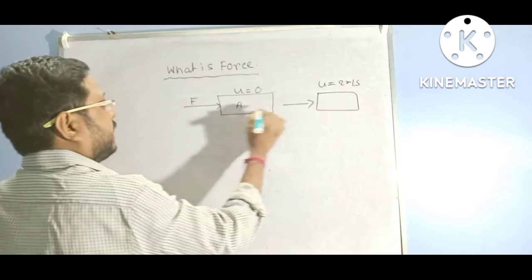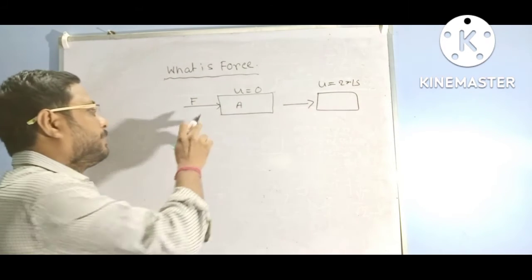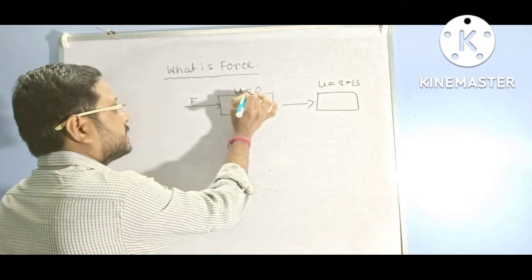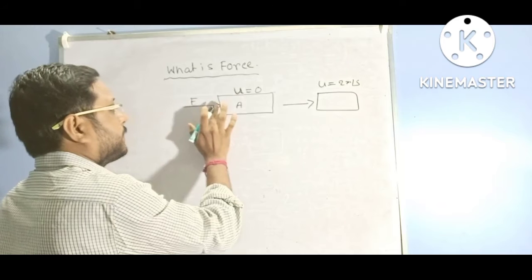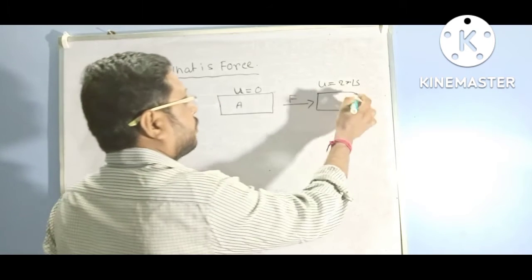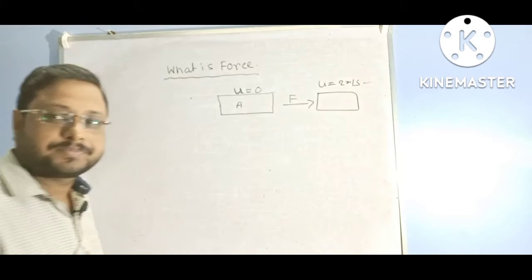Suppose the body A is at rest and a force F is applied on it. The initial velocity of it is 0, but when a force F is applied on it, it goes with a velocity of 2 meter per second.